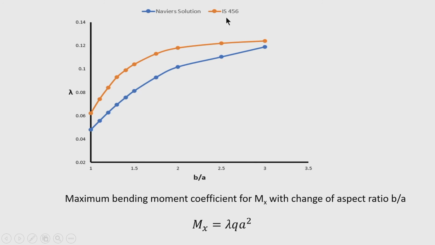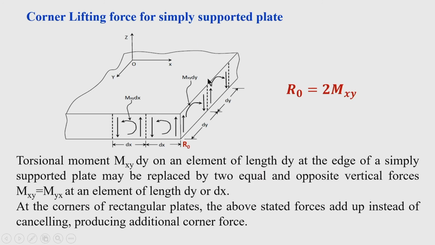But if I take the IS code values, because our Indian Standard 456 has given the bending moment coefficients for a simply supported slab for different aspect ratios, we can see that IS code values are slightly conservative compared to the exact method used in Navier's solution.